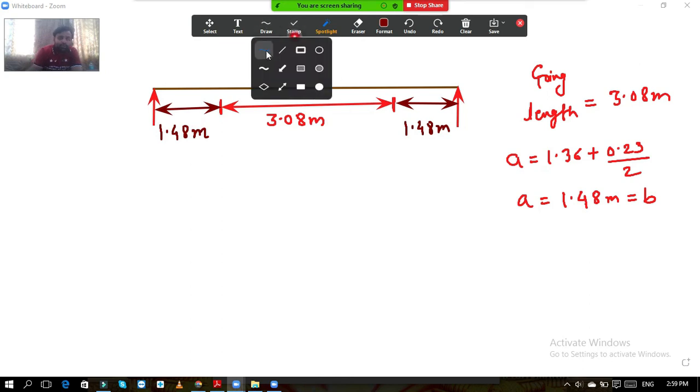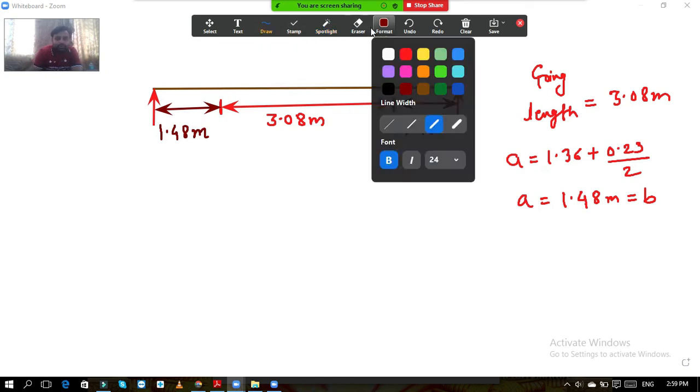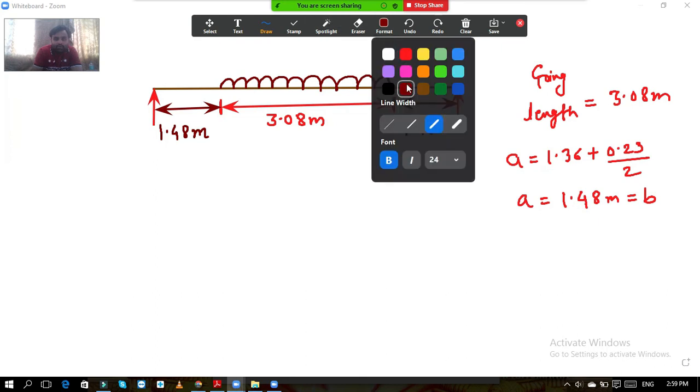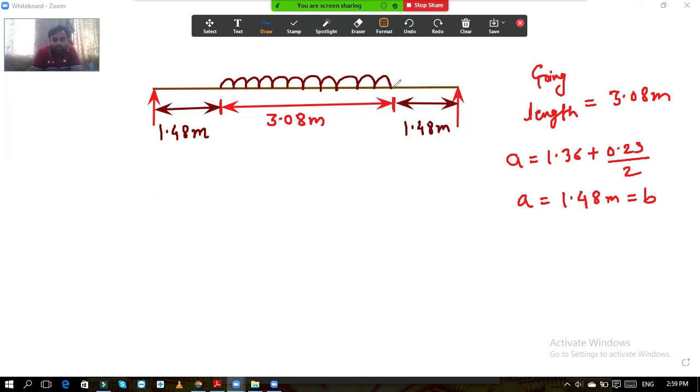Now we will give loading. Now the loading here it is like this, and then the loading up to the remaining part. This is the loading on the remaining part. Landing. So this is the landing, and this in between is the going length.